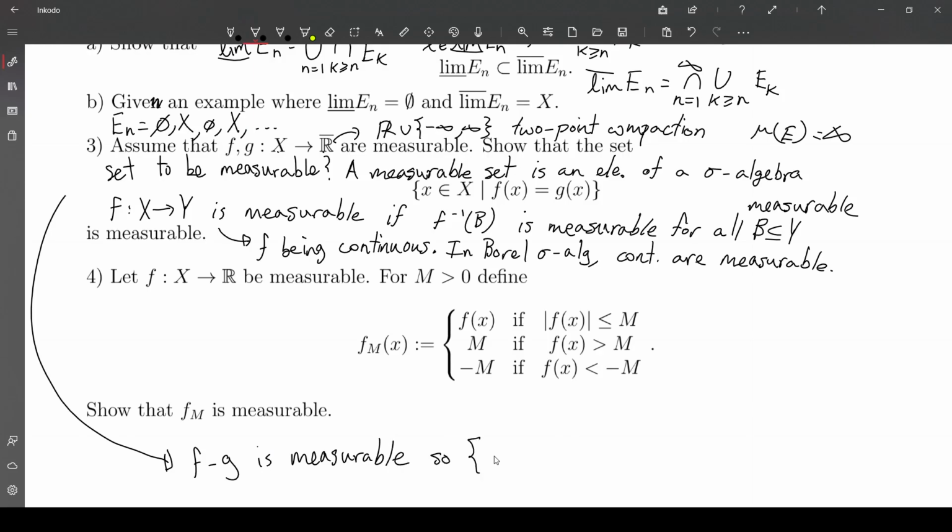So this set of x where f of x equals g of x is the same thing as the inverse image of 0 under the map f minus g. Now f minus g is measurable and the set containing 0 is measurable.